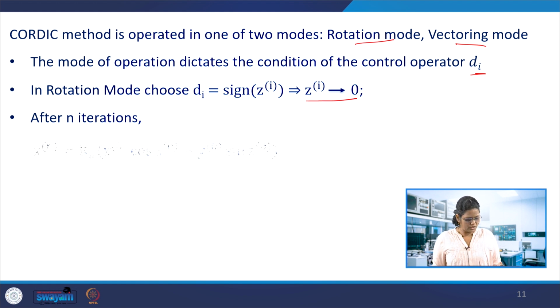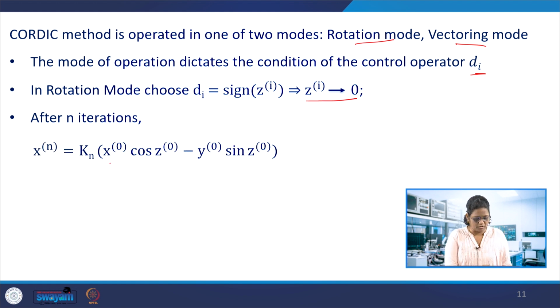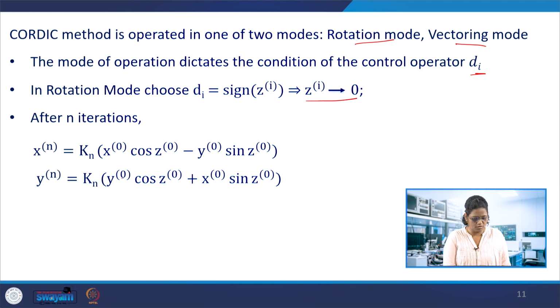So after n iterations, what happens is xn is x0 cos z0, y0, where z of 0 is the theta which is calculated using that, and y of n is multiplied by kn. Similarly, the other equation also has the cos. You can notice z of 0 here. So how are we going to do that?